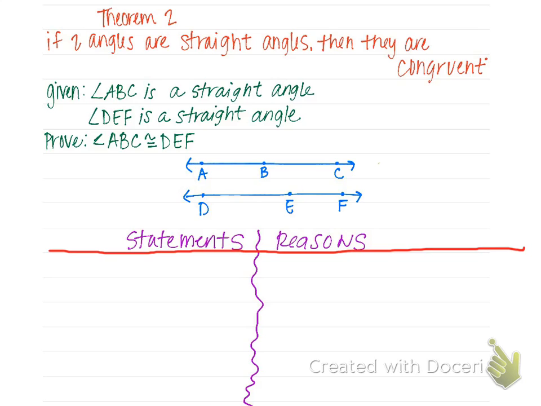This proof is very similar to the first one. So we're going to start off. We know that ABC is a straight angle. And the reason, because it's given.